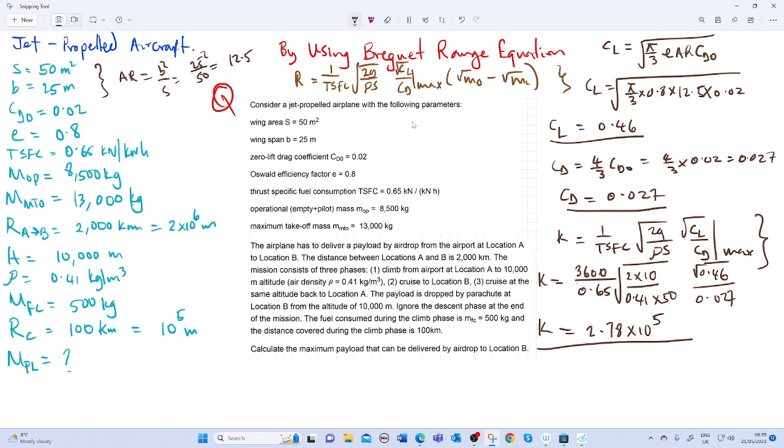Don't let us forget that the range from airport A to B equals 2 times 10 raised to the power 6 meter, and the range for the climb equals 10 to the power 5 meter.